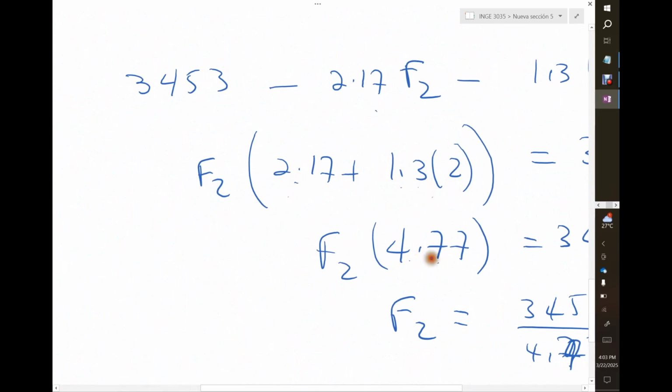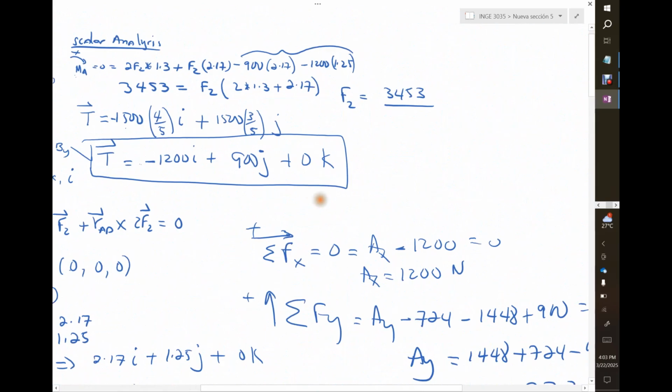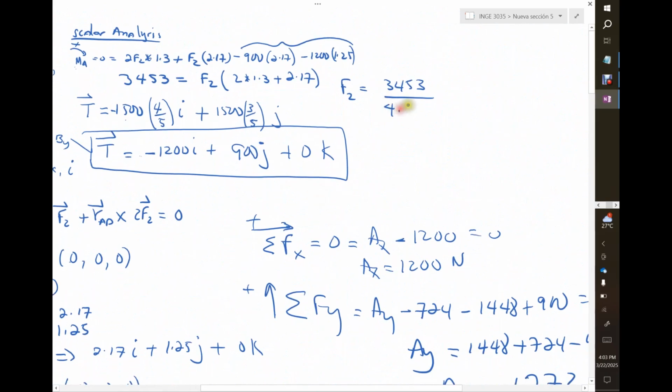You see, that's 4.77. So the result finally is 723.8, or about 724 Newton.